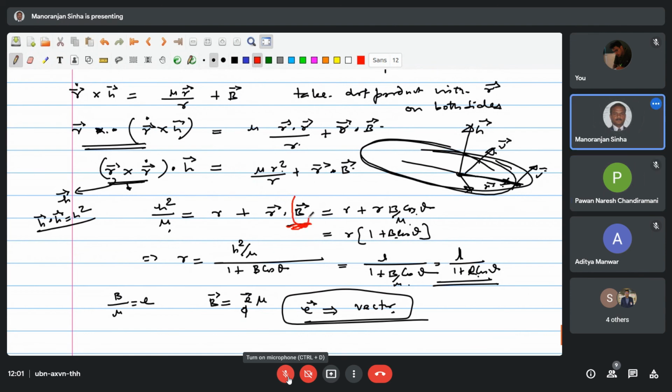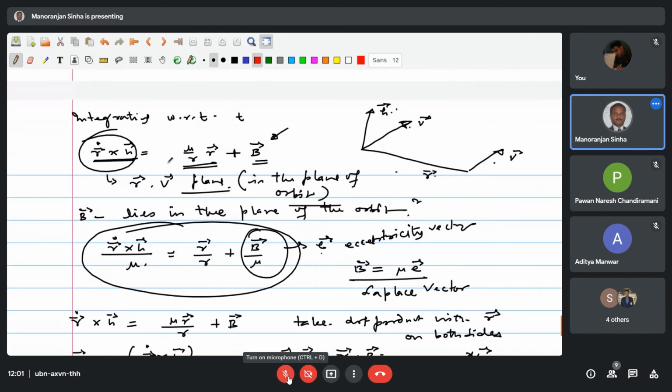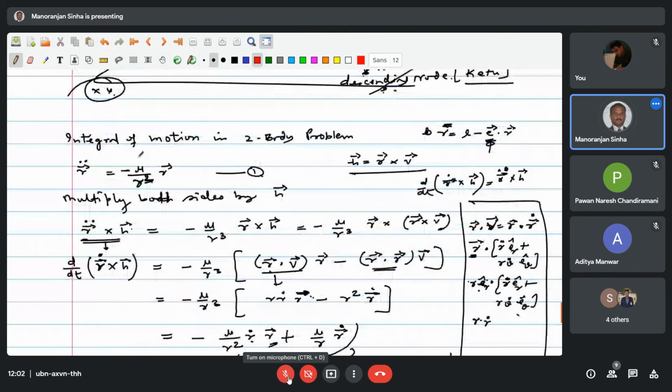No, see, here we are looking at this in terms of the orbit. The basic equation we have chosen has a total of 6 constants.